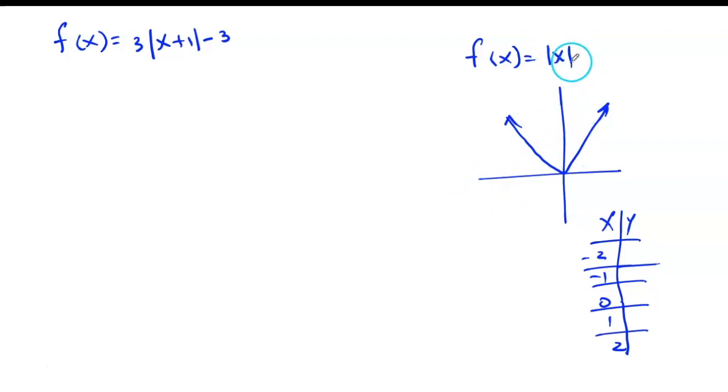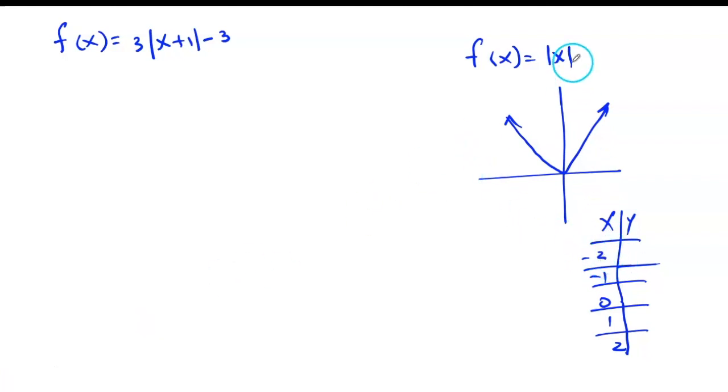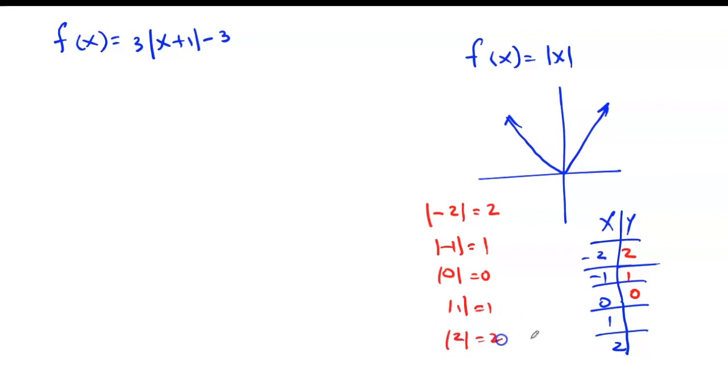So if I plug in -2, the absolute value of that is +2. If I plug in -1, absolute value of -1 is +1. Absolute value of 0 is 0. Absolute value of 1 is 1. Absolute value of 2 is 2.